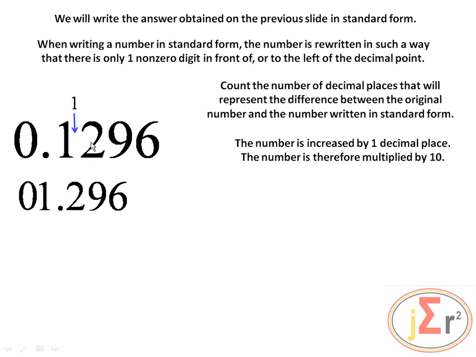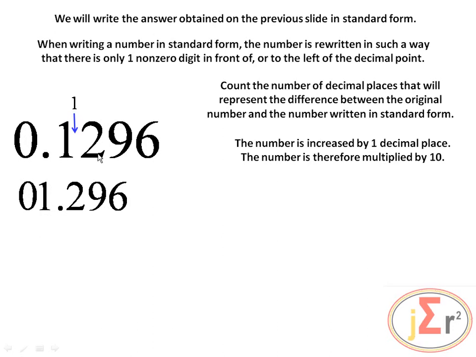The obvious reason is that the 0 that we have here means that we do not have any whole number in this one. But the 1 that we have here means that we have a whole number component. This one is definitely larger.